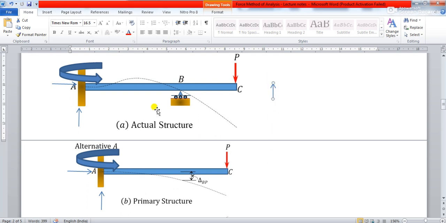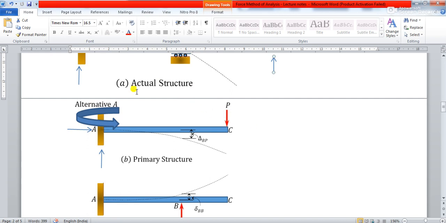This is nothing but the reaction at B. This one I have removed, right? So once I have removed it, necessarily this structure remains a stable structure, and this has now become a simple supported beam.